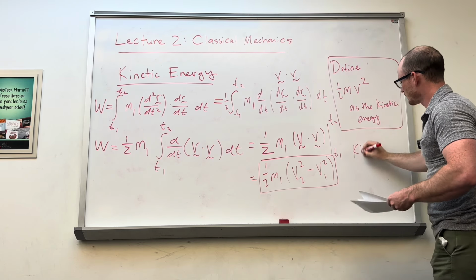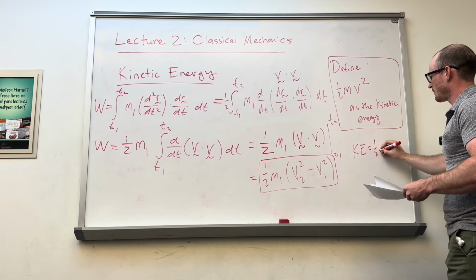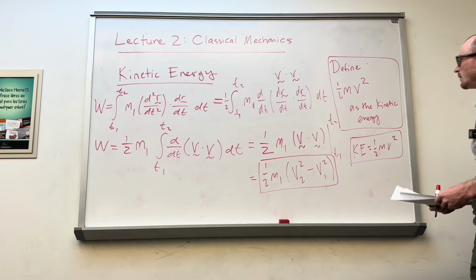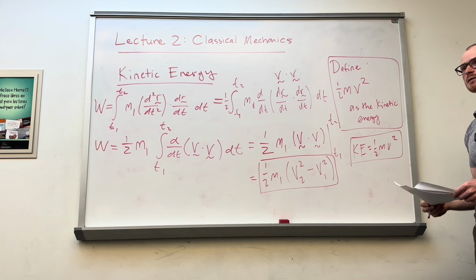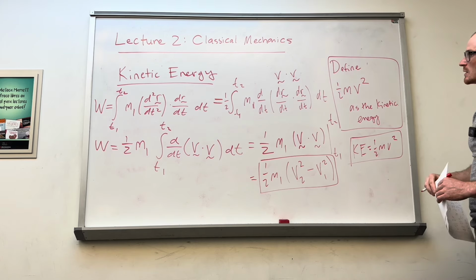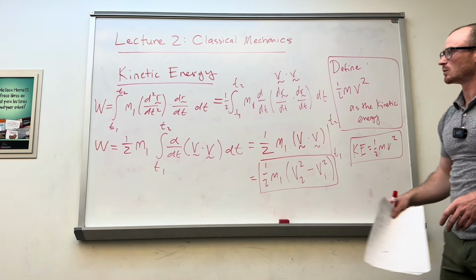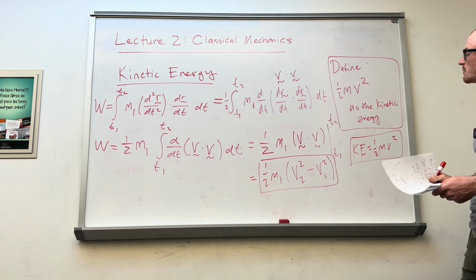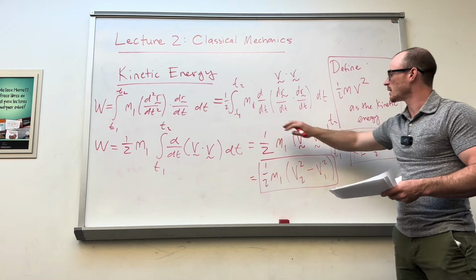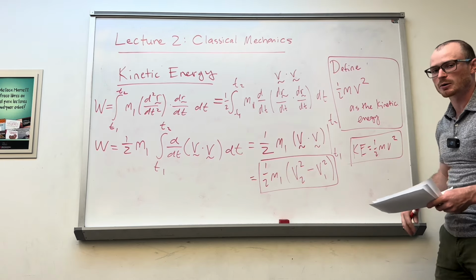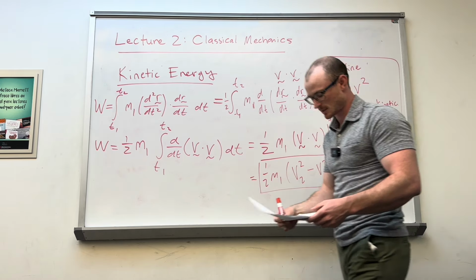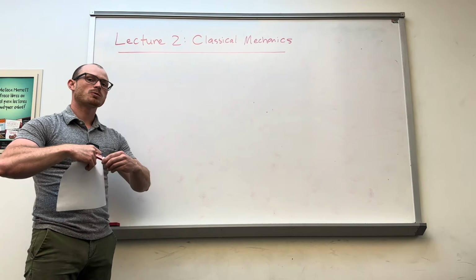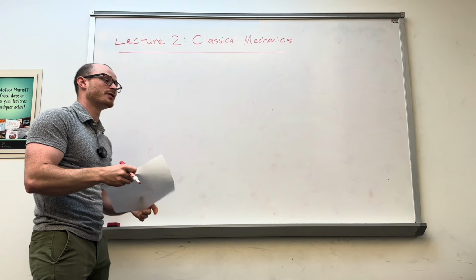So KE is 1/2 mv squared, and this is the formula that you learned in your high school physics classes. And you can see, basically, all we had to do was define work and define Newton's equation of motion. And from those equations, we can get to these intrinsic properties that you've learned about in the past. So now that we've defined potential and kinetic energy, let's explore the concept of the conservation of energy.